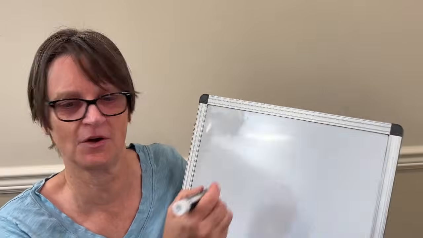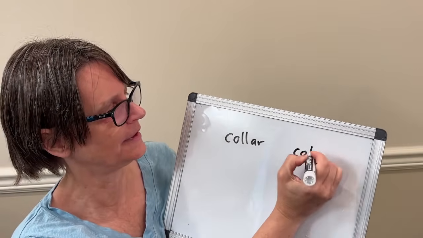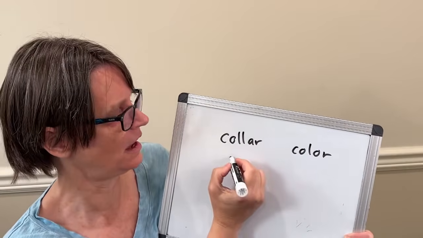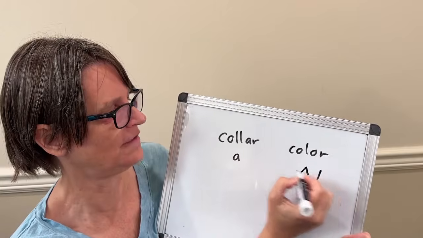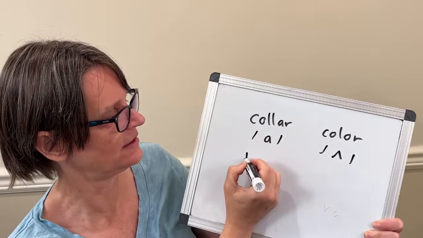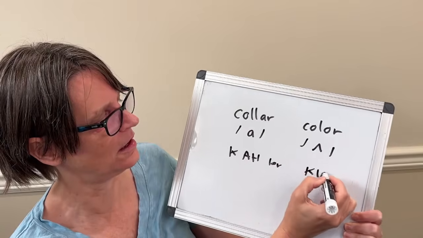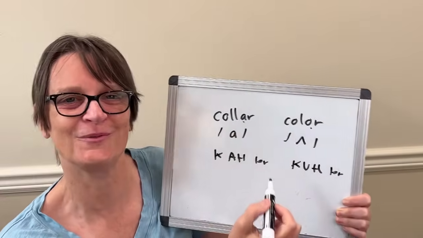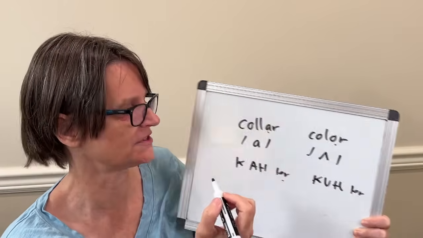Okay, we have a question about collar versus color. So in collar, we have the ah vowel. And in color, we have the schwa vowel. So this one, think about it like collar, and this one like color. So even though these are spelled with AR and OR, they both just have the ER, the basic sound.